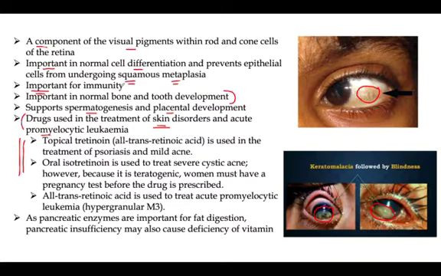So that is in summary the function of vitamin A and what happens if there is a deficiency of vitamin A, because of either deficiency in the diet or because of insufficiency of lipid digestion.